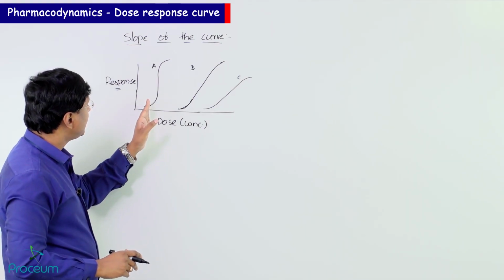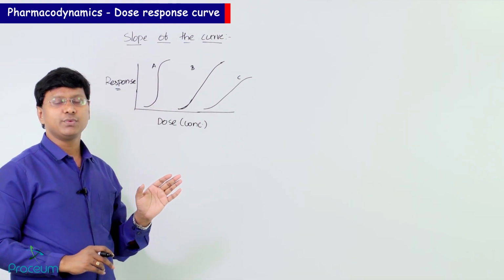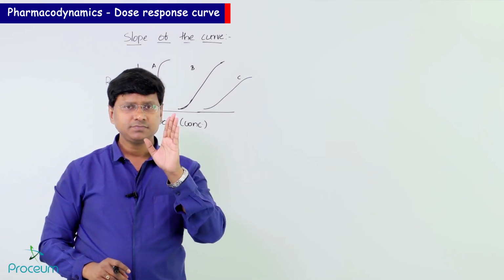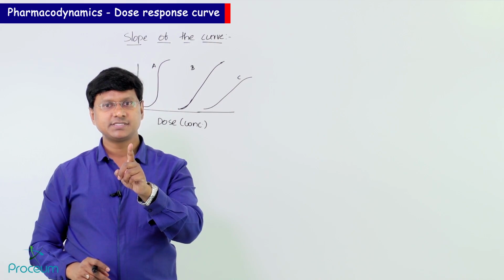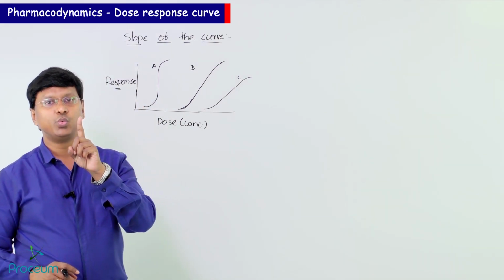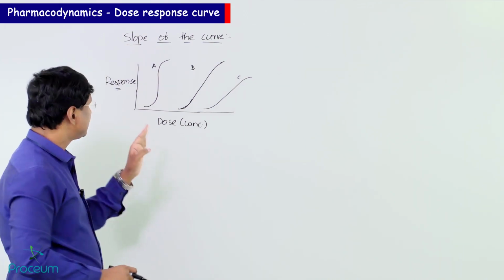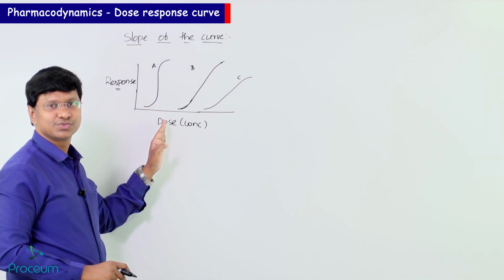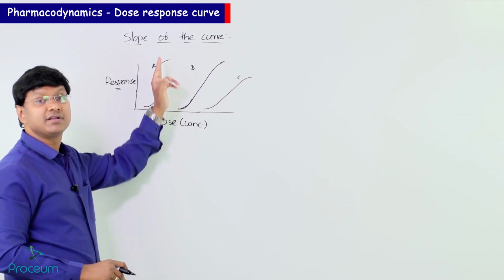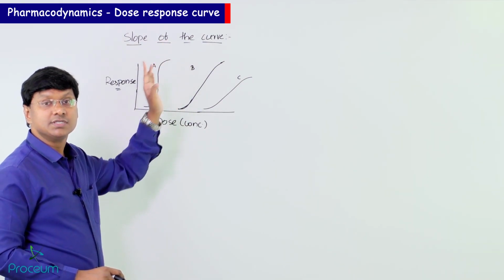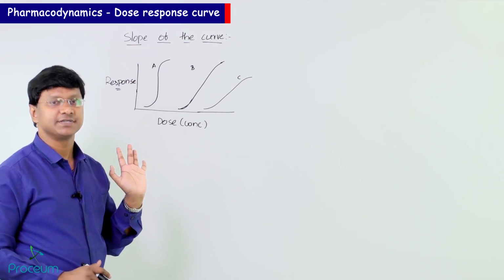Drug A has the steeper dose response curve. So what I want to tell you here is, if the dose response curve is steeper, the response will increase dramatically with a slight increase in the dose, right? You just increase the dose minimally, and you will have a dramatic response. That is what is meant by a steeper dose response curve.